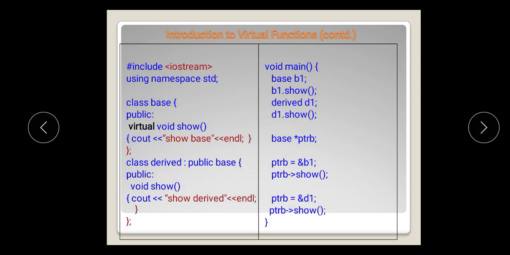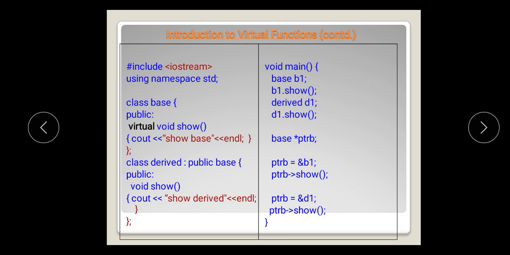Here we are taking the same program again, but we are just adding our virtual function. We take one base class. In that base class we have one member function, say show, which is a virtual function. We simply add the virtual keyword before that function, making it a virtual function.